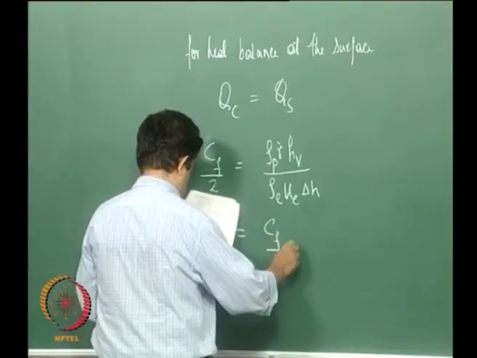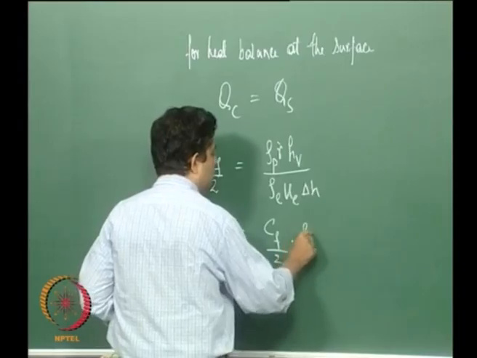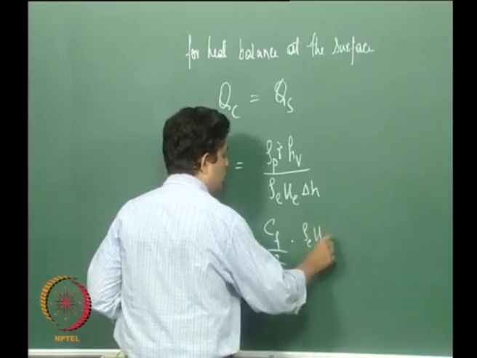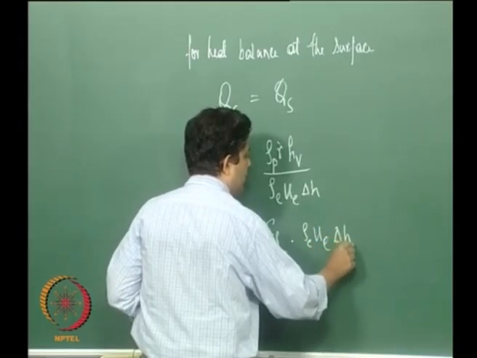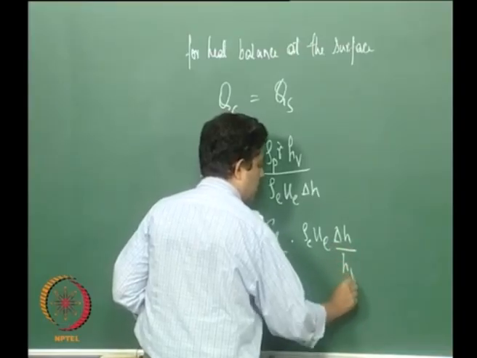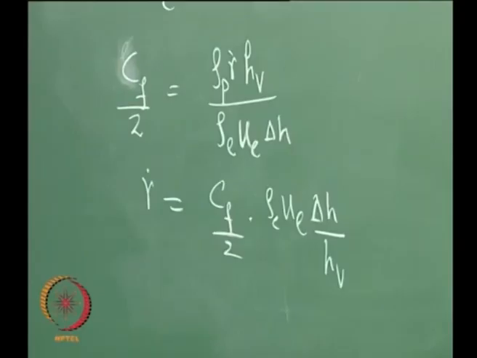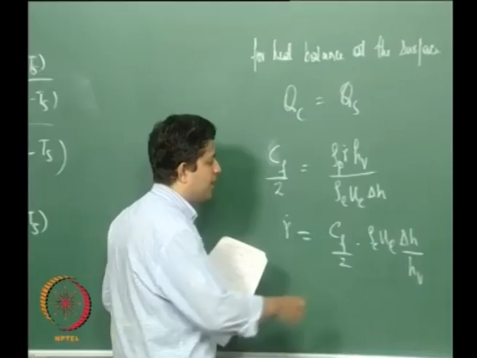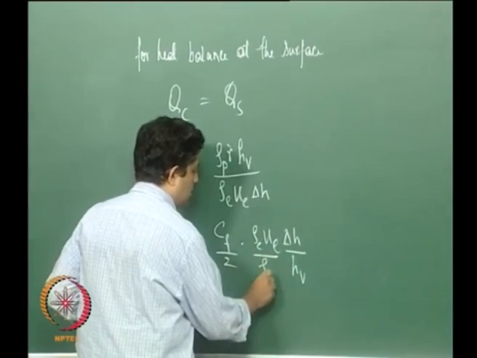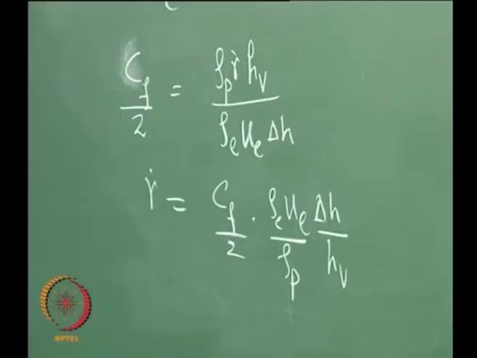Cf by 2 into rho e ue delta h by hv, sorry, divided by rho p.